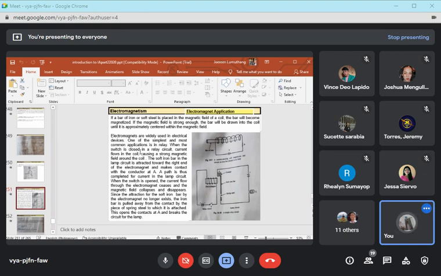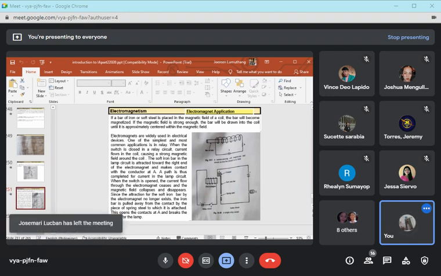So first, read first the content. Anyone who would like to volunteer to read the content of the slide? Anyone from the class?